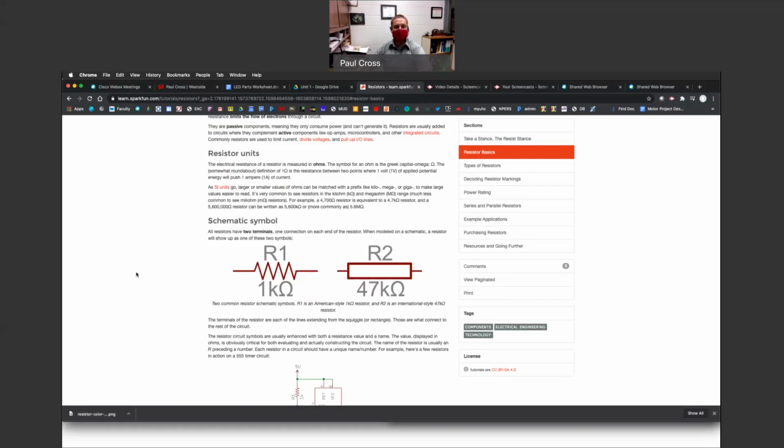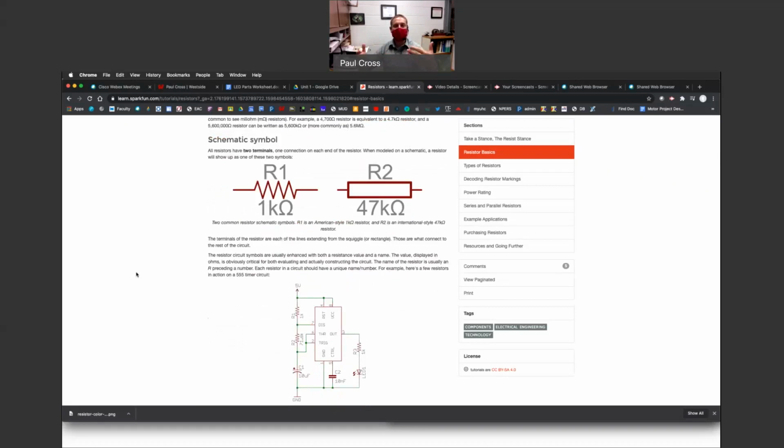For the schematics, in all the documentation that I have, the squiggly symbol on the left side of the screen, the R1 with the squiggly line that goes up and down, is how I label what a resistor looks like on a printed sheet.